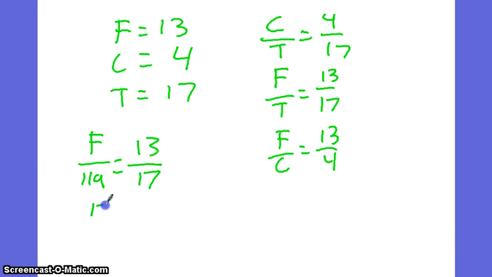That's 17F equals 119 times 13. Then you divide on both sides by 17 to get F equals 91.